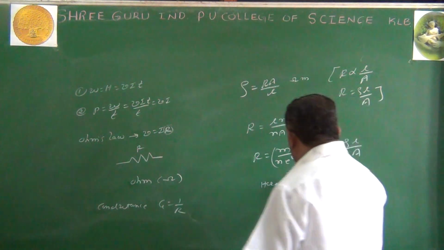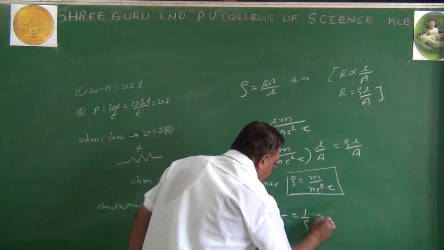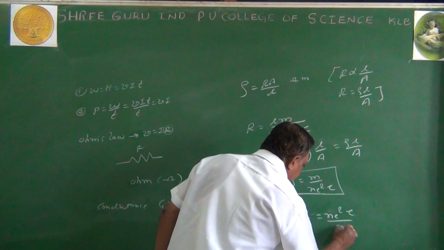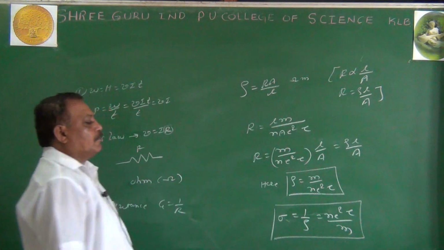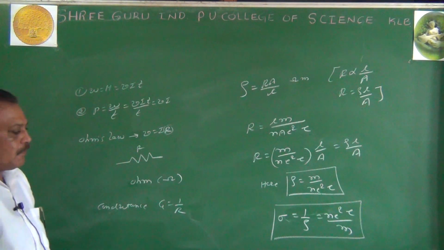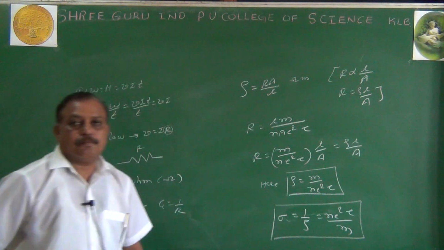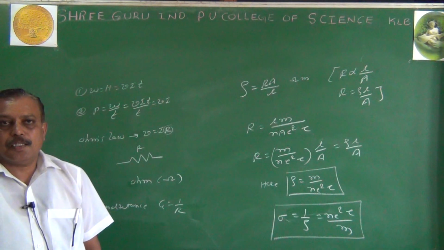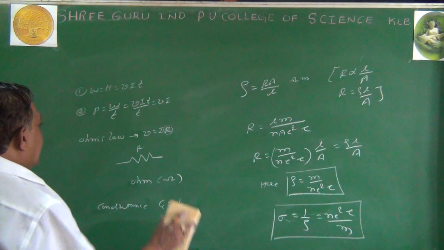If I take the reciprocal of resistivity, that is nothing but conductivity, sigma equals 1 by rho equals n e square tau divided by m. Now this equation we have proved. Are you getting the point? The reciprocal of the resistivity is nothing but conductivity, that is n e square tau divided by m. Is it clear? Then after this, we have dealt with what?